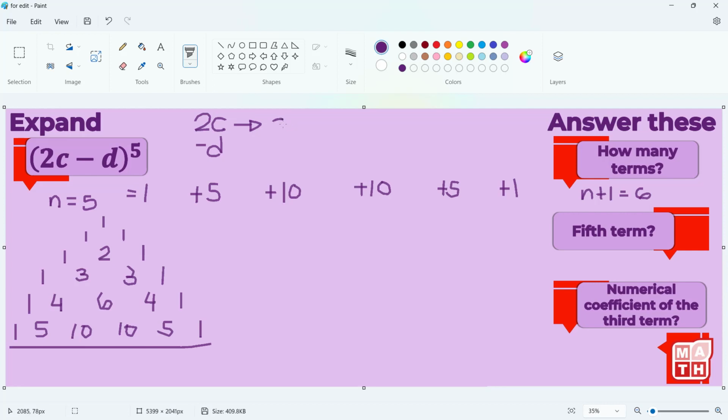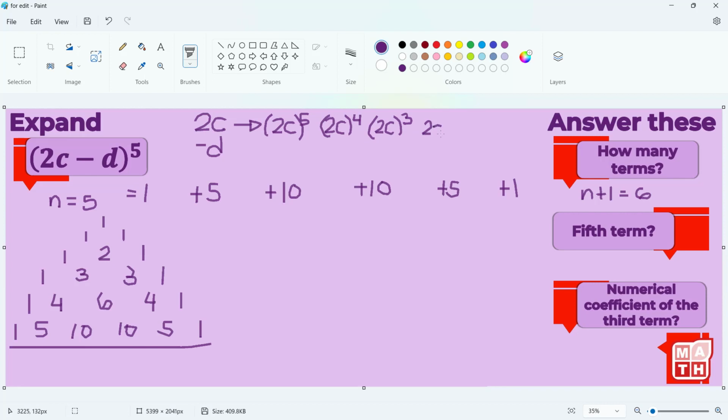So we will have here 2c, not just c itself but the entire term, 2c raised to the power of 5. Okay, and then we go down, 2c raised to the power of 4. It's very essential to enclose it in parentheses, so that your exponent will also be given to your numerical coefficient.